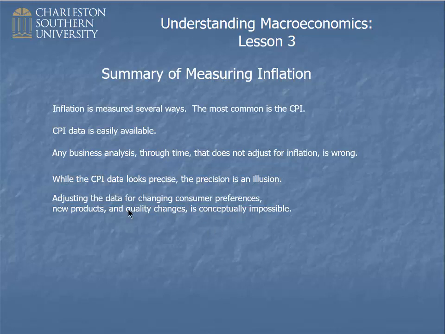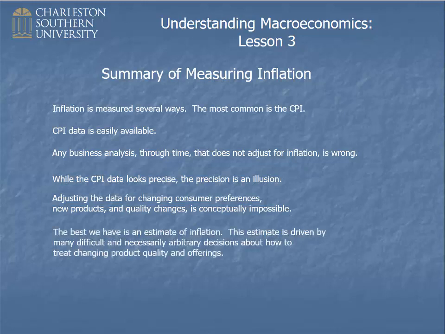So you have these 3 significant digits, and some of that stuff you had 4 significant digits. It's really not like that. Those digits are all following from some decisions that were made. The best we have is an estimate of inflation. This estimate is driven by many difficult and necessarily arbitrary decisions about how to treat changing product quality and offerings.